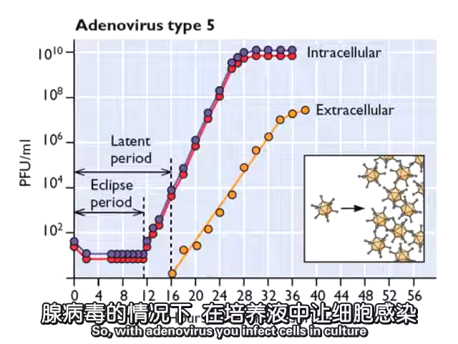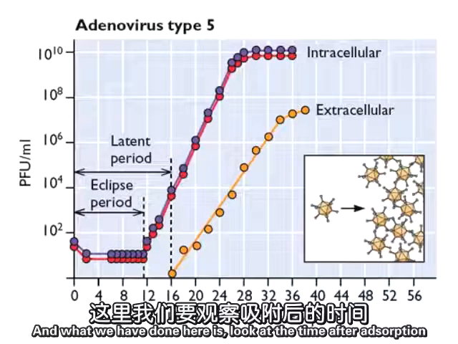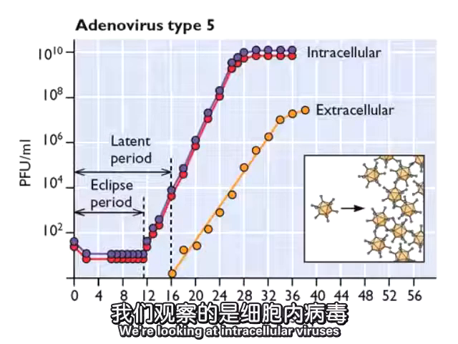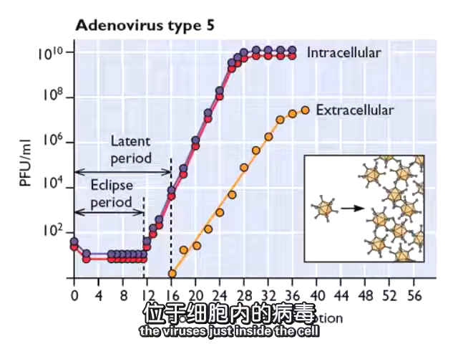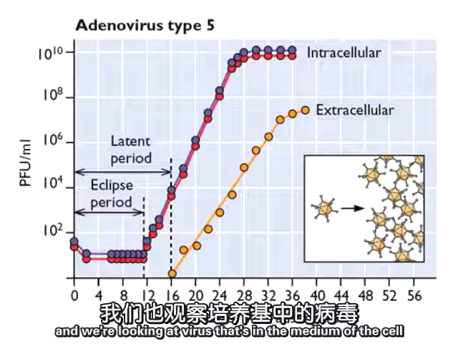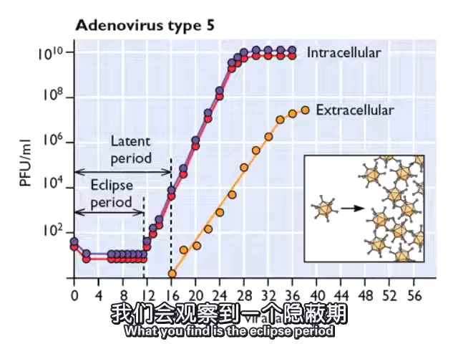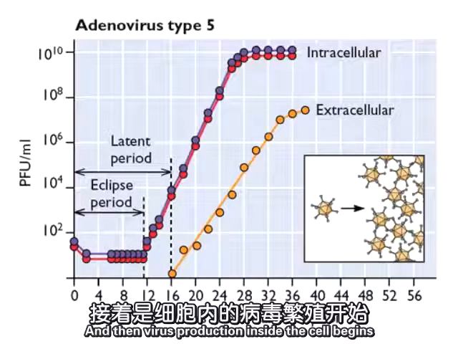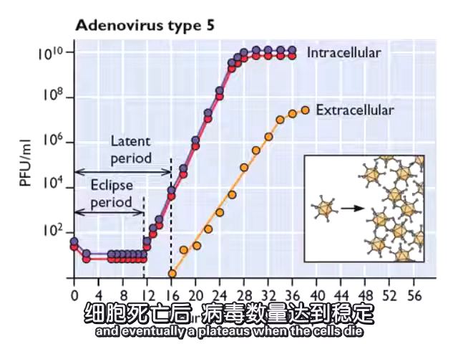So with adenovirus, you infect cells in culture, and what we've done here is look at the time after adsorption, or adding the virus, and the amount of virus produced in two ways. We're looking at intracellular virus, the virus just inside the cell, and we're looking at virus that's in the medium of the cell. So you separate the two. What you find is an eclipse period, just like with the bacteriophages, and then virus production inside the cell begins, and eventually it plateaus when the cells die.